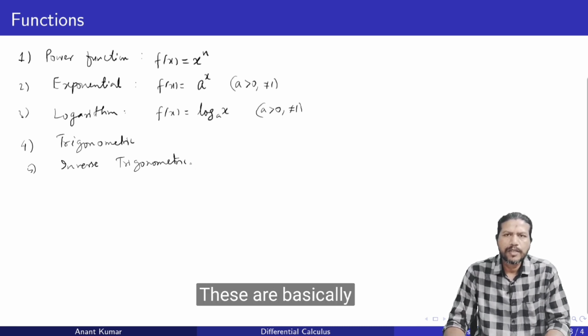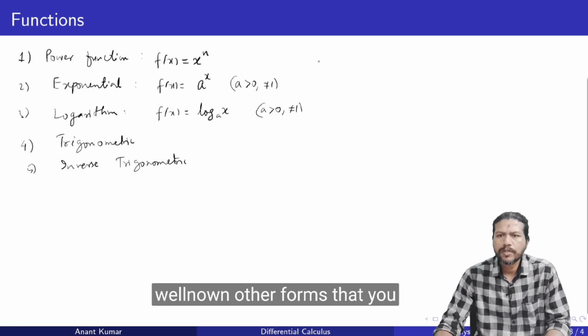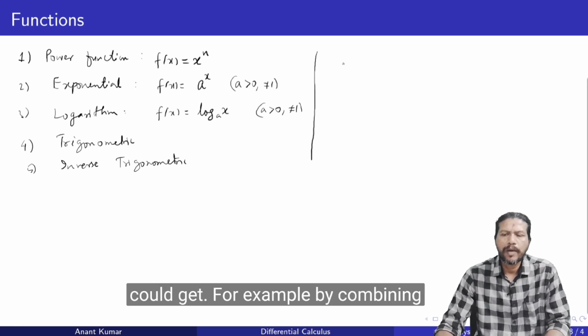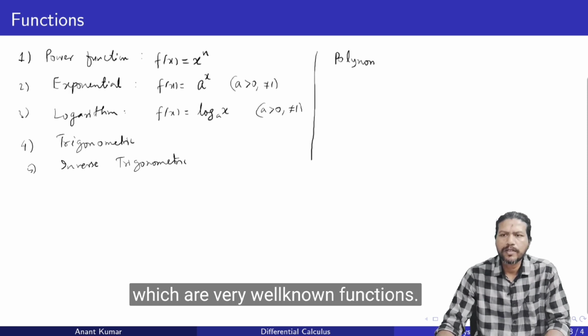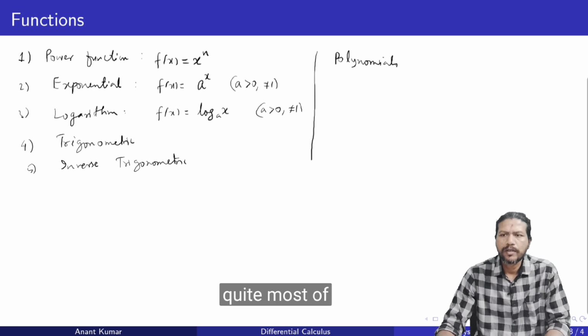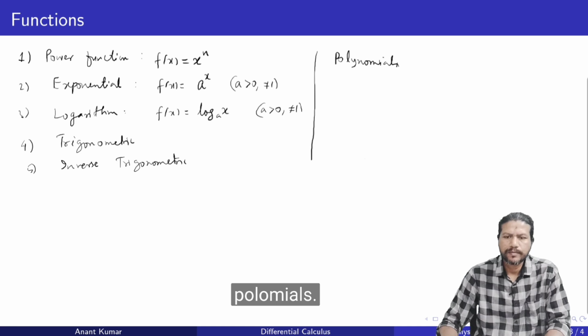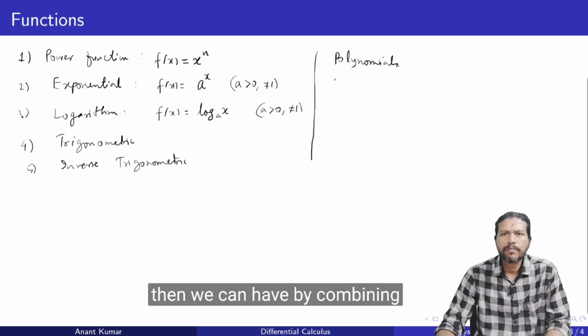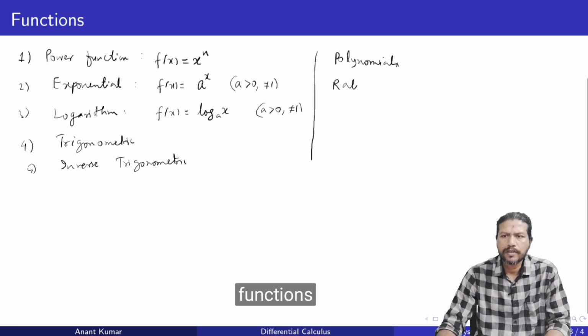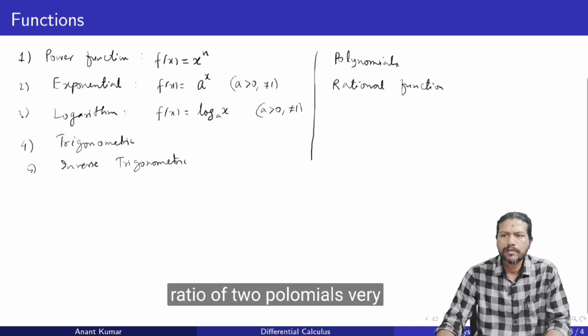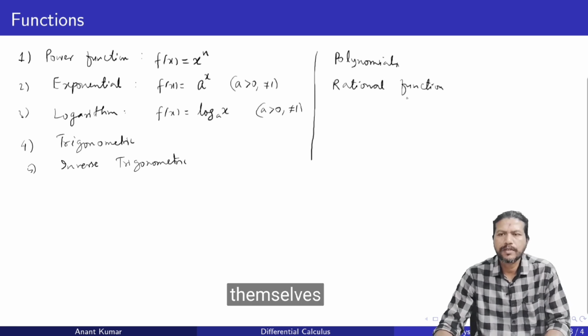These are basically well known. Other forms that you could get, for example, by combining power functions, we can have polynomials, which are very well known functions actually. We know quite most things about the polynomials. Then we can have, by combining polynomials, something called rational functions, which are simply the ratio of two polynomials, very analogous to the rational numbers themselves.